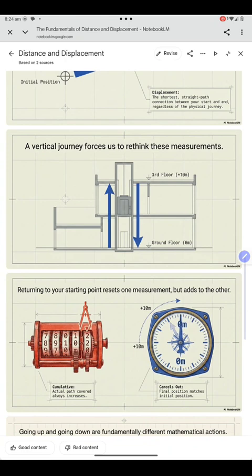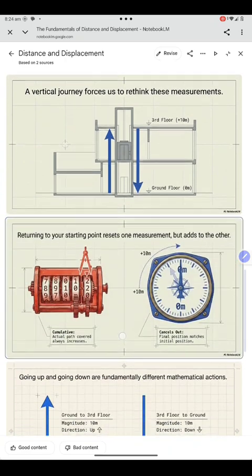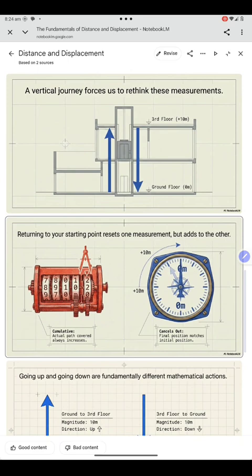So we can have another difference between distance and displacement, that is distance is the actual length of path covered, whereas displacement is the shortest straight line path between initial and final position. And the second difference is that distance doesn't consider any direction.